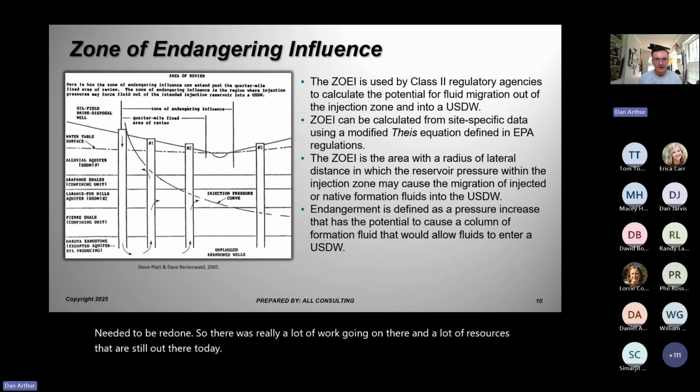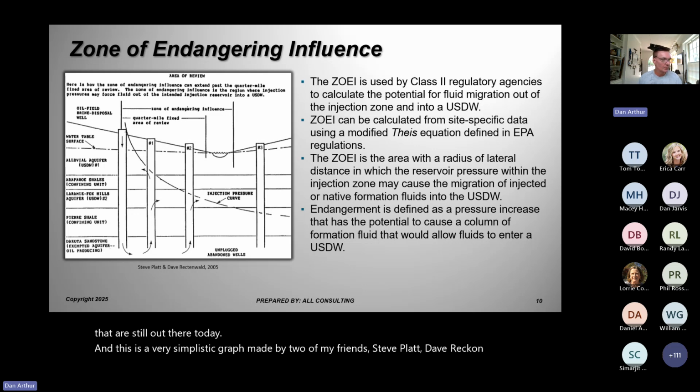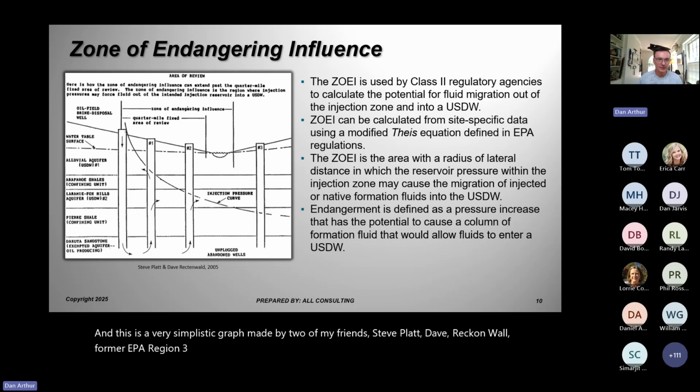This is a very simplistic graph made by two of my friends, Steve Platt and Dave Reckenwall, former EPA Region 3 guys. I'm sure many of you know them.